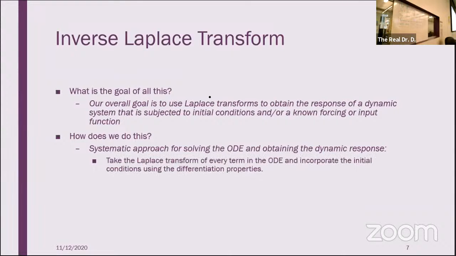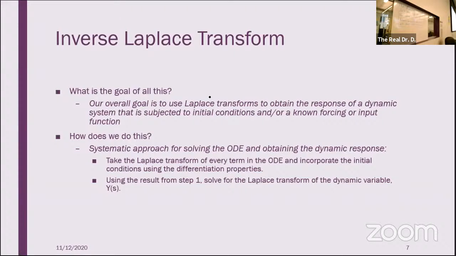First, we take the Laplace transform of every term in our ordinary differential equation. Where does that come from? Well, that's our modeling equation. That's the whole point of the entire first 3 topics in the class, when we learn how to model things, is that we get ODEs out. So now that we have the ODEs, we take the Laplace transform of everything in it, both sides, input side and output side.